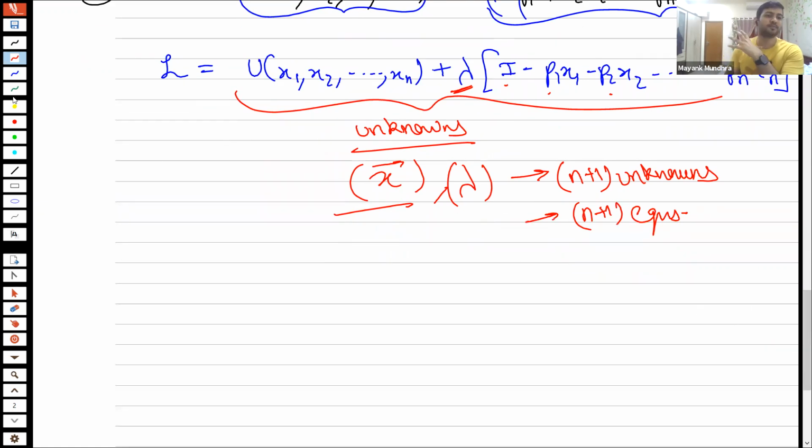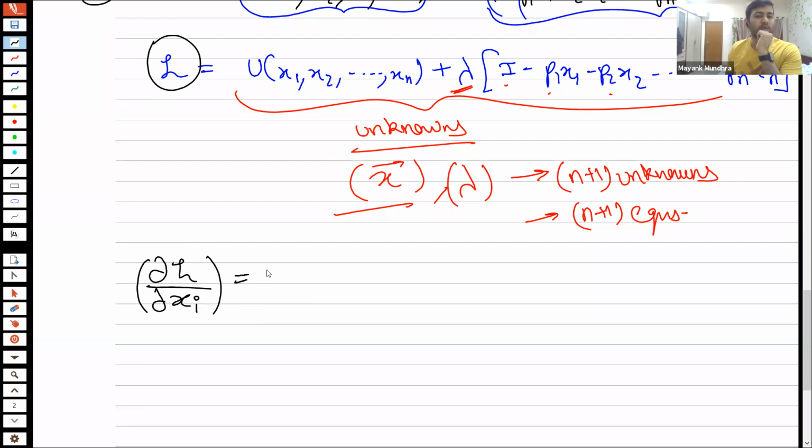Now here's the beauty of the Lagrangian method. Whatever unknowns you have, you differentiate the Lagrangian equation, this equation L, partially with respect to that particular value xi, and you equate it to 0. So you get equation number 1 like this. You differentiate it with respect to each of these things.